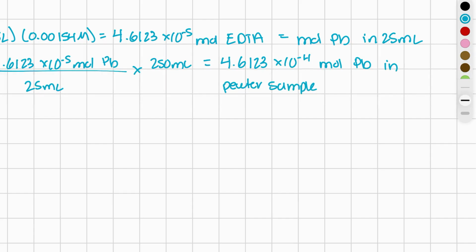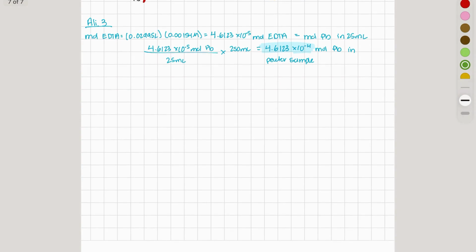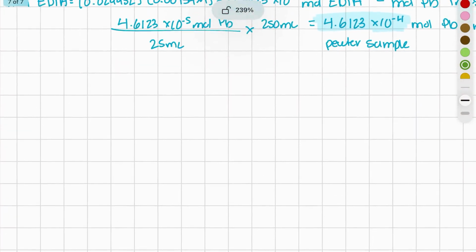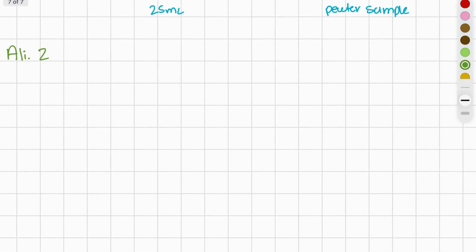All right, so that's good. We've found what we need to get at least our grams of Pb from here, or of lead from here. But what's going to be nice is that we can use this value in the next calculations for the other aliquots. So let's go ahead and move to aliquot 2, and I'll show you what I mean. So for aliquot 2, I'm going to start the same way, where I want to find my moles of EDTA.